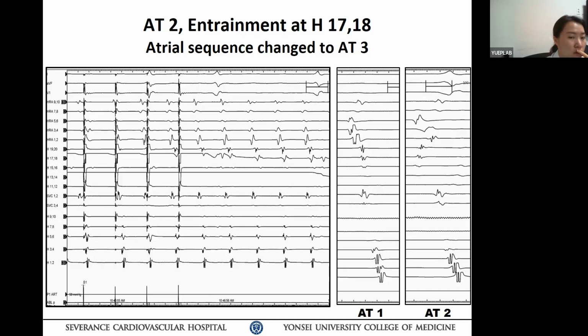So we need to prove the fixed fusion at fixed cycle length pacing and progressive fusion when we shorten the pacing cycle length. And the other one is we need to compare the electrogram during pacing and tachycardia, so we need to differentiate concealed fusion or manifest fusion.